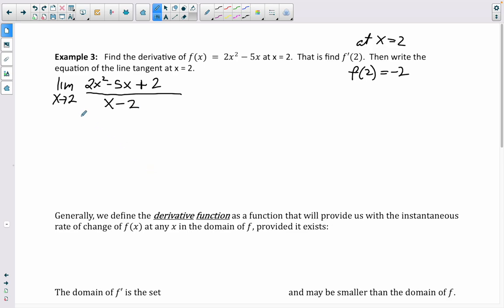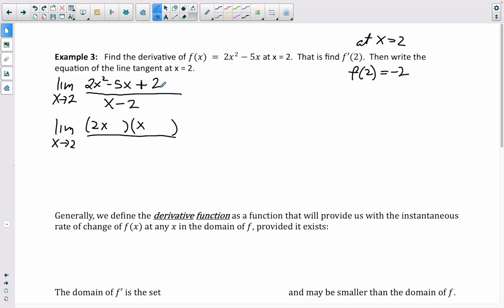So again, if you plug in 2, because that's what we're approaching, you'll get 0 over 0. That's a clue to see if you can algebraically manipulate this so that you can possibly remove that 0 over 0. So we're going to factor the numerator. This will factor to 2x, x.